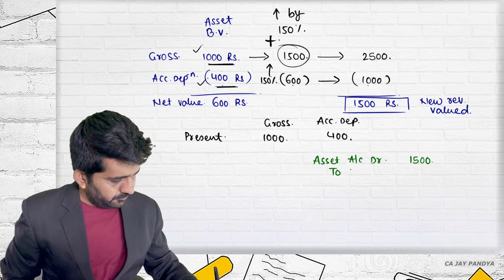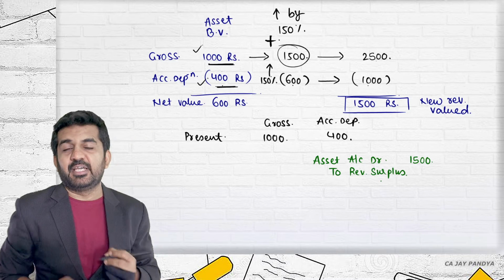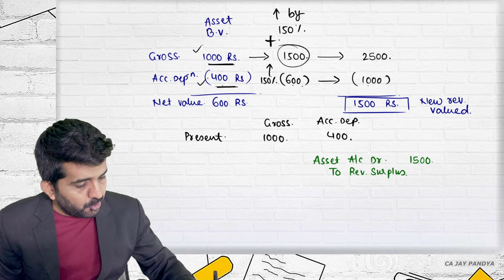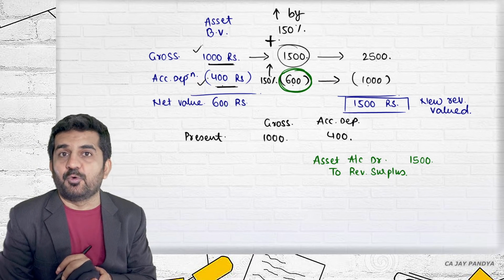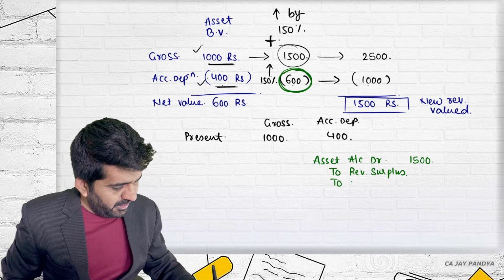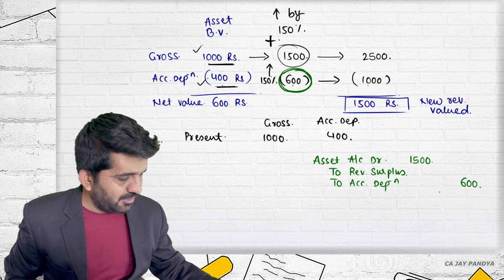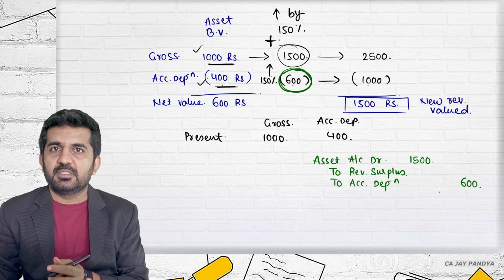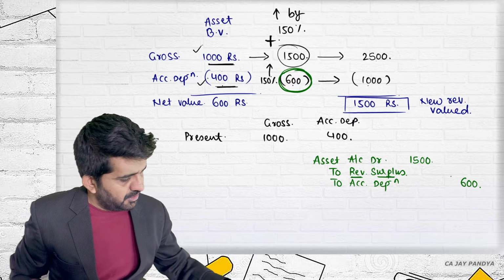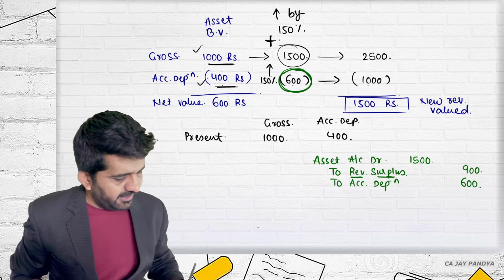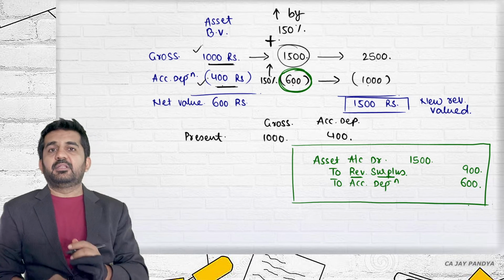To revaluation surplus? Yes. But you need to also increase your accumulated depreciation by 600 rupees. So you need to credit accumulated depreciation by 600 rupees. Is it all right? And so the revaluation surplus will be only 900. This journal entry will be passed in this scenario.